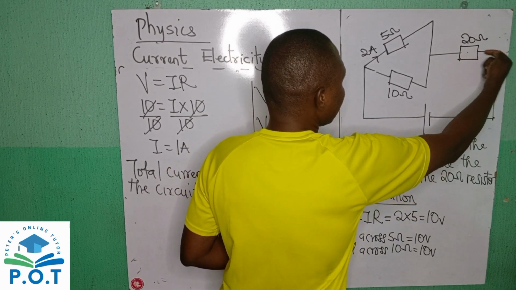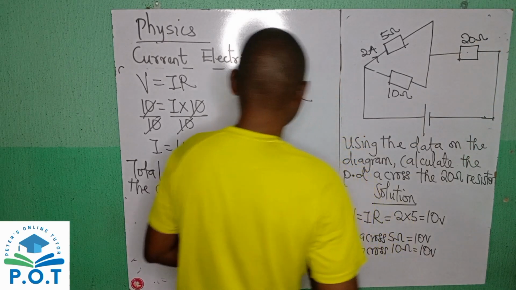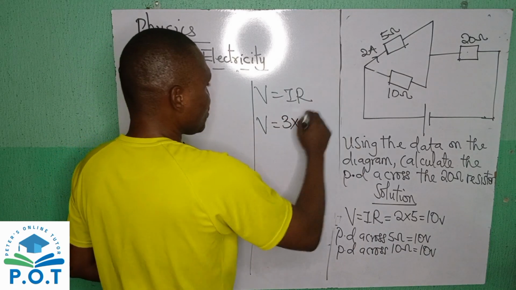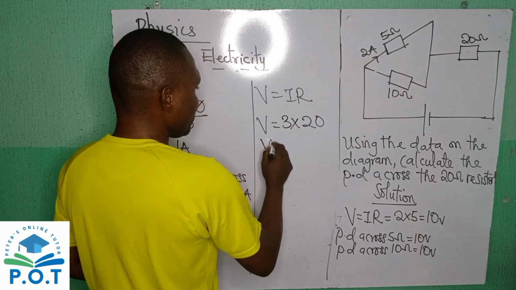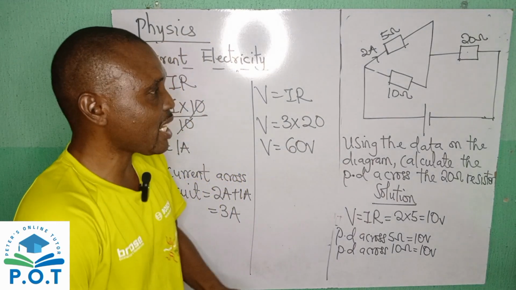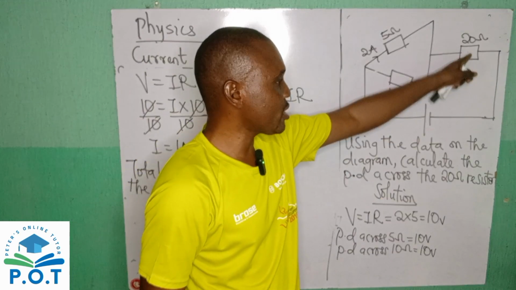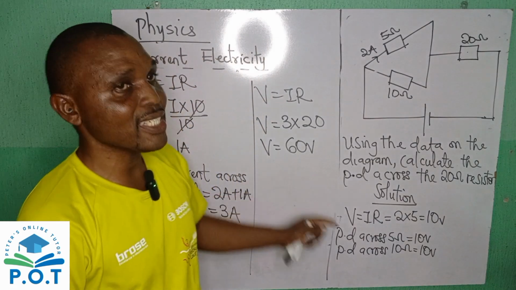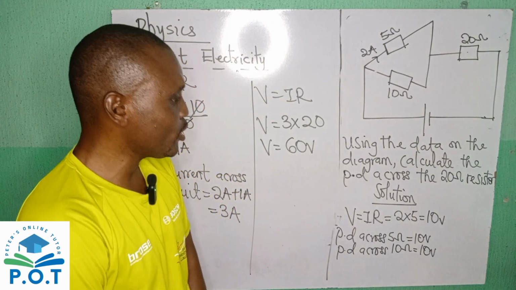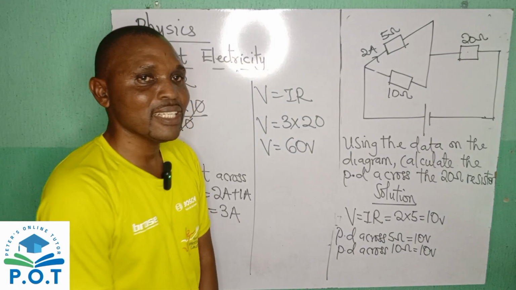So 3 ampere is passing through this 20 ohm resistor. I is 3, R is 20. So V equals 60 volts. So the potential difference across this 20 ohm resistor is 60 volts. All right, is that clear? Just go through the steps and then you arrive at the answer.